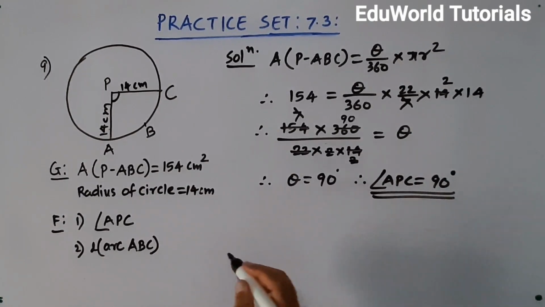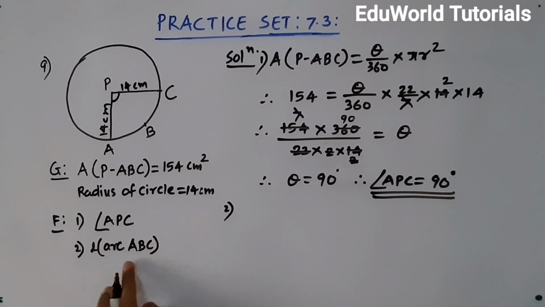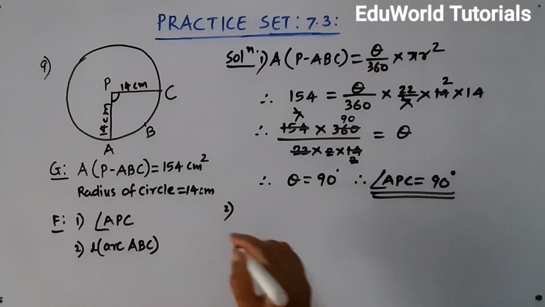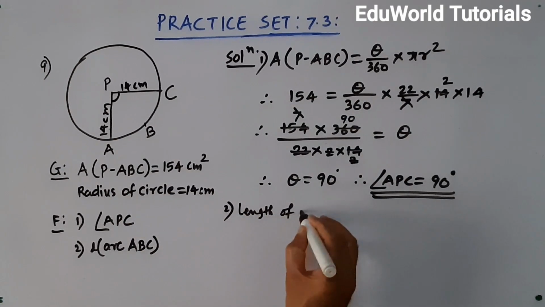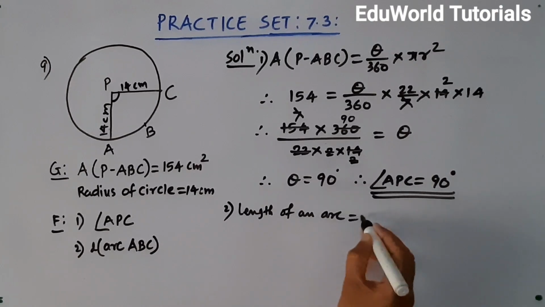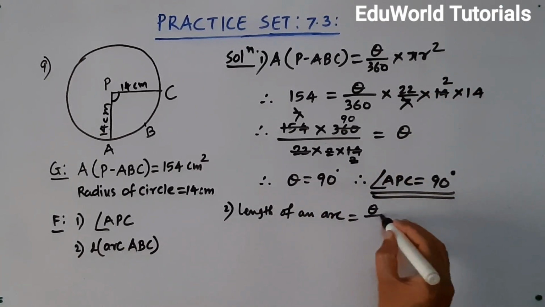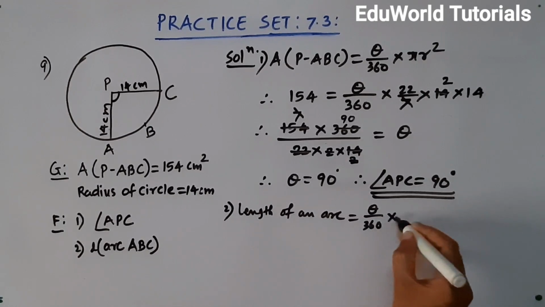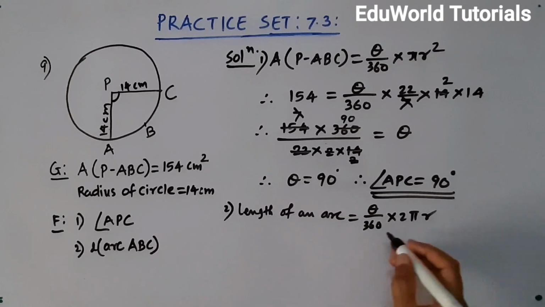Okay, this is our first answer, answer number 1. For the second answer, the length of arc we have to find. What is the formula of length of the arc? Now you have theta, you have radius. So length of the arc is theta upon 360 into 2 pi r, or theta upon 180 into pi r.